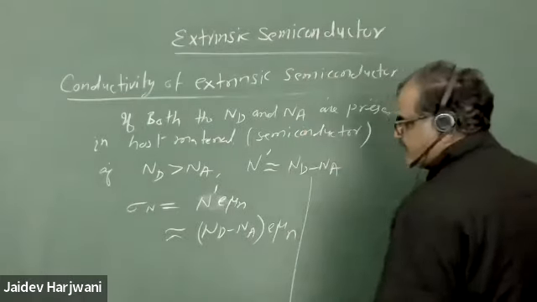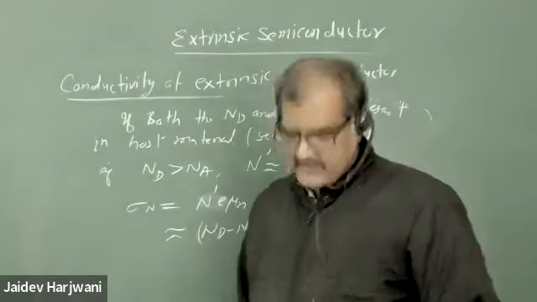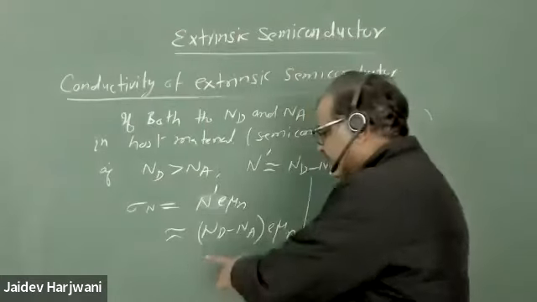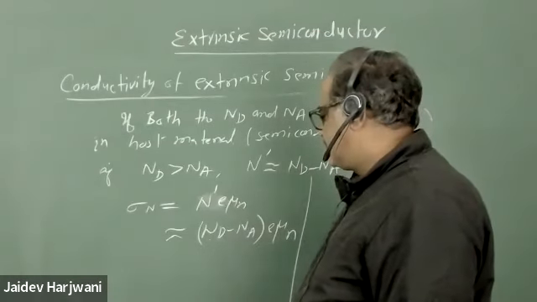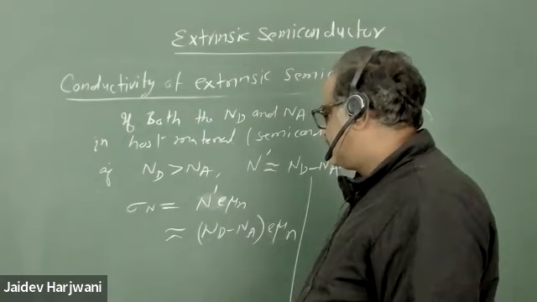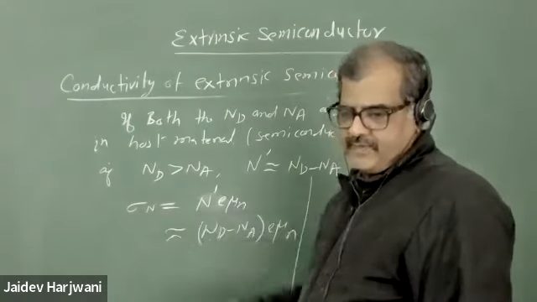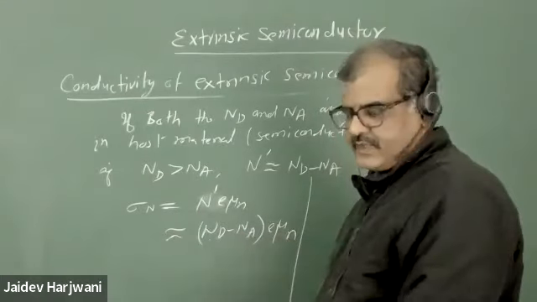So we can say the rest get neutralized, and only the extra ones remain. Yes, exactly, the rest will be neutralized. Mu p will also be neglected, because effectively it will now be n type, so you take mu n.